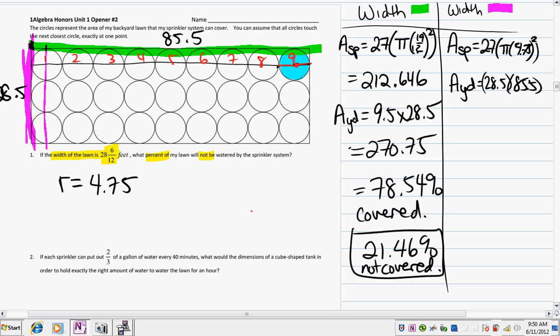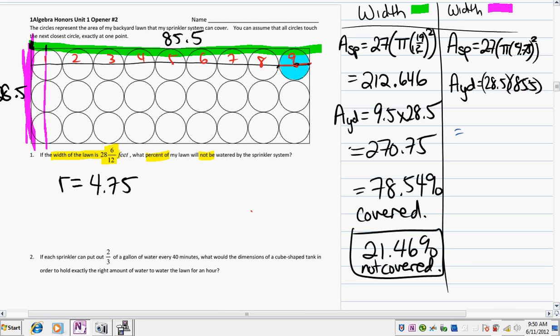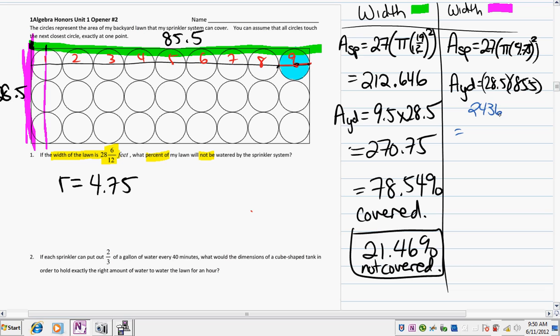So the area of the yard then, let's compute these out. The area of my yard, 28.5 times 85.5, so that would be 2436.75. 2436.75 square feet. Because the area is in square feet, we're multiplying feet times feet.